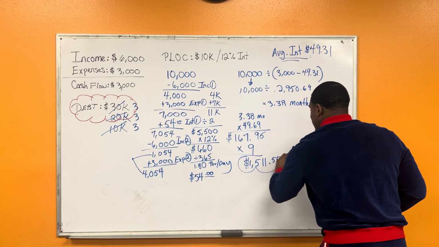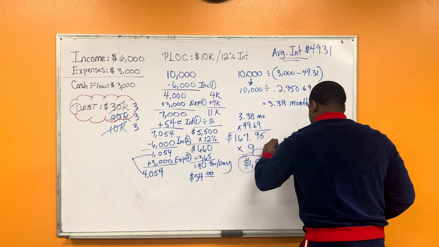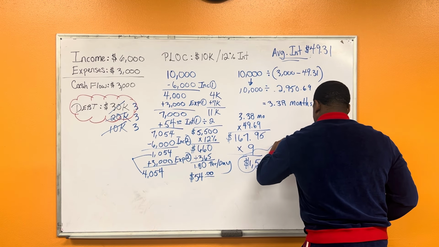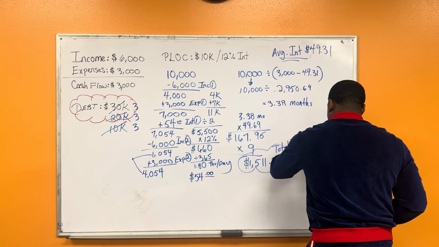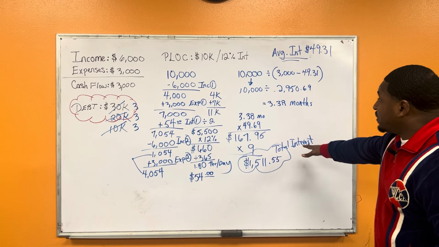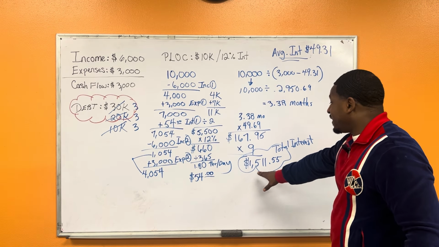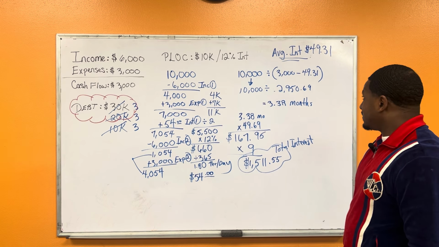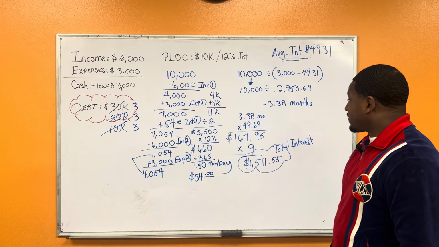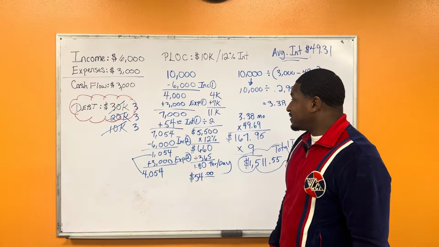This is what you paid in total interest. So in total interest for the whole $30,000, you only paid $1,511.55 over the lifespan of paying off this $30,000.